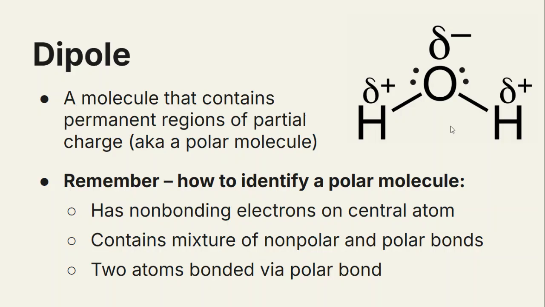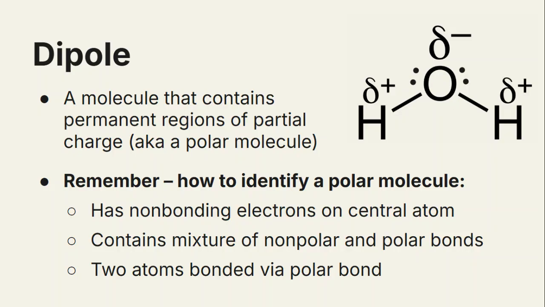So if you're able to look at a molecule and determine if it's polar or not, then you can determine whether it has this second type of IMF that I'm going to get to in a second. So remember, ways to identify a polar molecule. First, it has non-bonding electrons on your central atom. Like water is an example. We have non-bonding electrons on the oxygen, automatically polar.